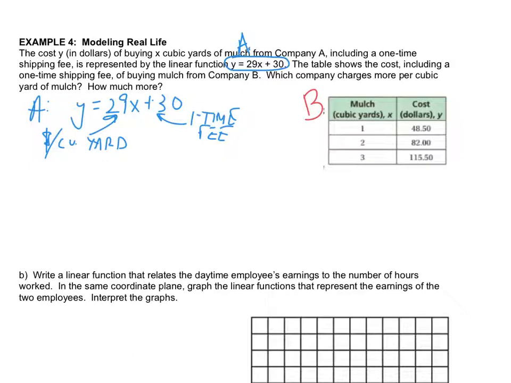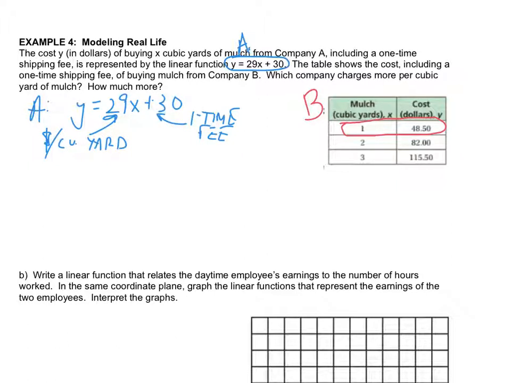So looking at B, we don't know what that is. So what we have to figure out is, how do I find that? If I look at my table for Company B, 1 cubic yard looks like it's $48.50.